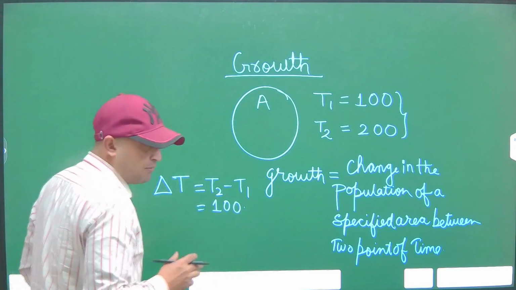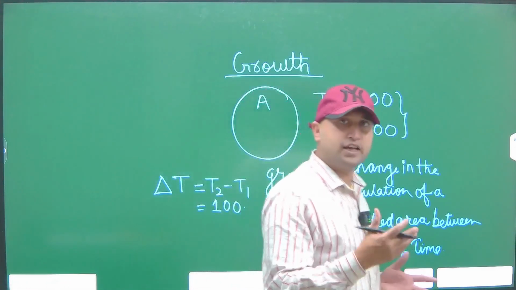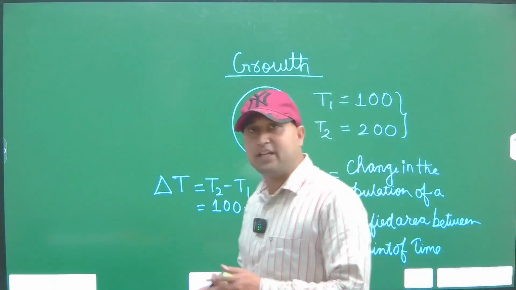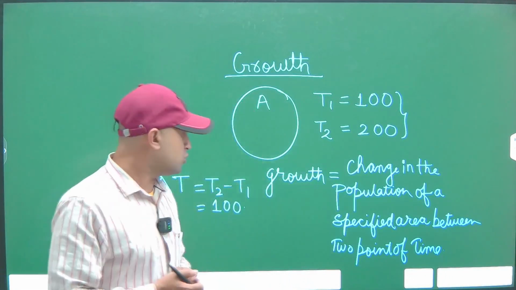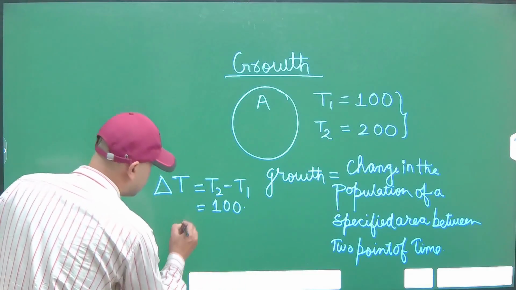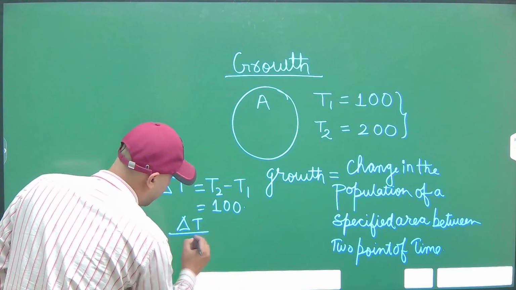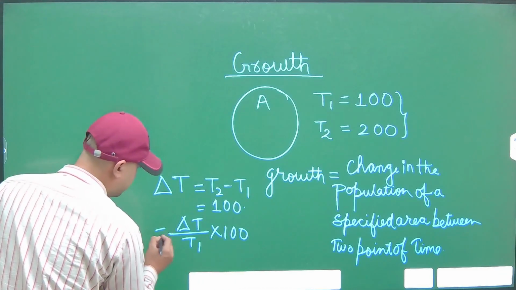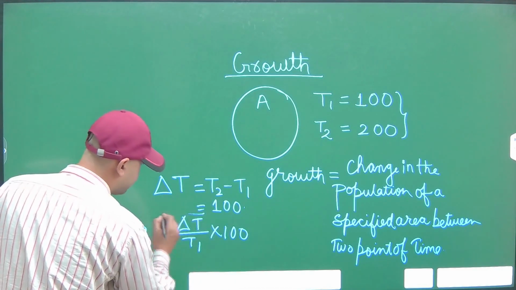But this is not how the growth is actually calculated. The growth of the population is always calculated in percentage terms. So this change, del P by P at T1, into 100, is equal to the population growth.